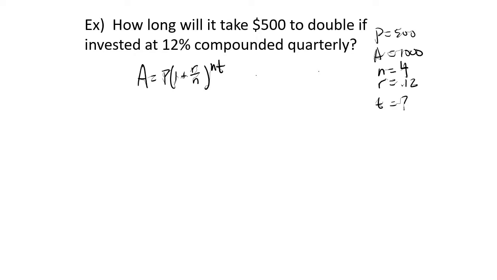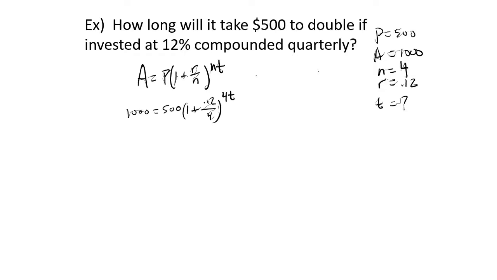So when we plug this in, we end up with 1,000 equals 500 times 1 plus 0.12 divided by 4, to the power of 4t. We don't know t.